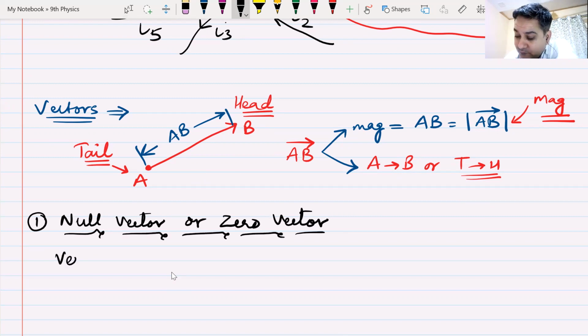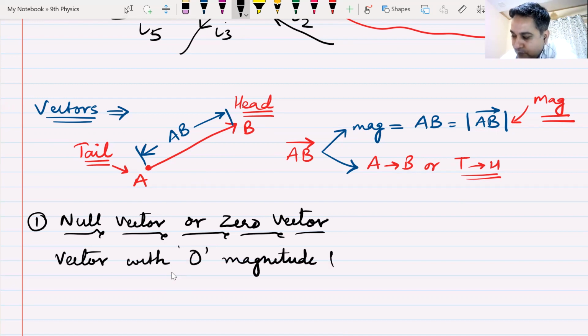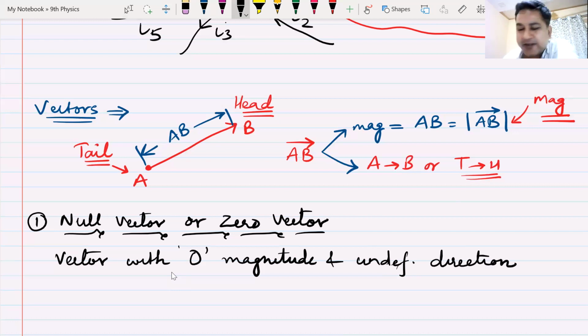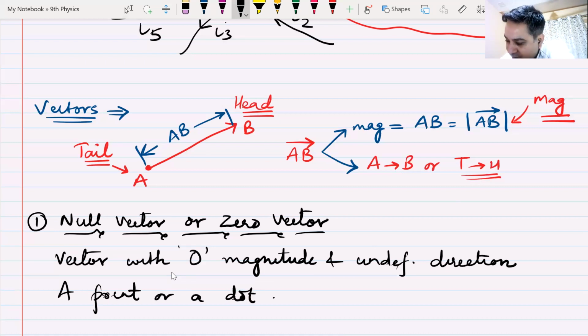It is a vector with zero magnitude and undefined direction. What type of thing can have zero magnitude? A point or a dot. I make a point or a dot. This point or a dot is known as null vector. Do we understand this?